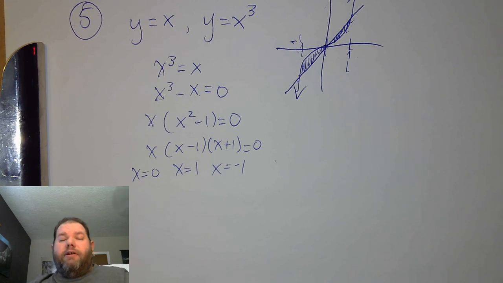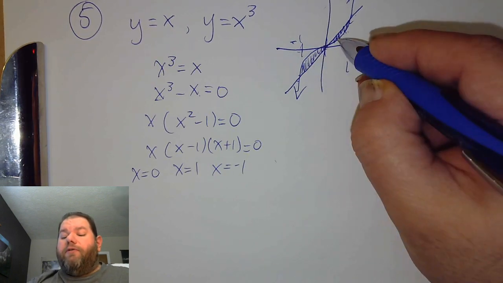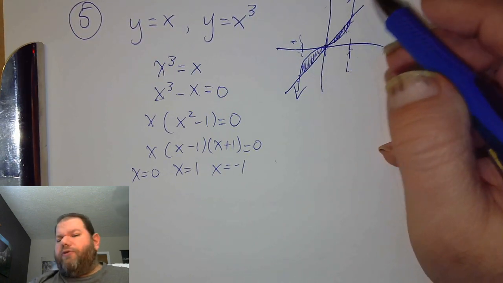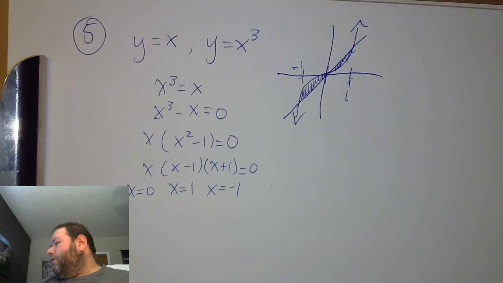So if the limits of integration aren't given as they are in this problem, we have to actually find them ourselves. Because we have two different shaded regions, there's two approaches we could take here.